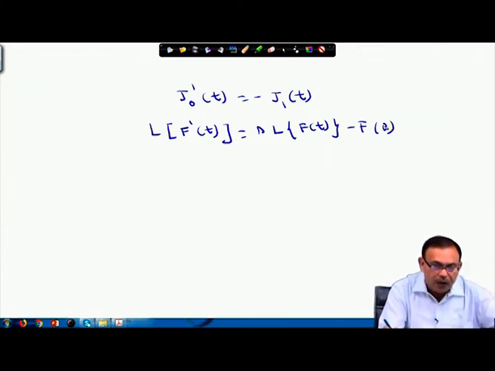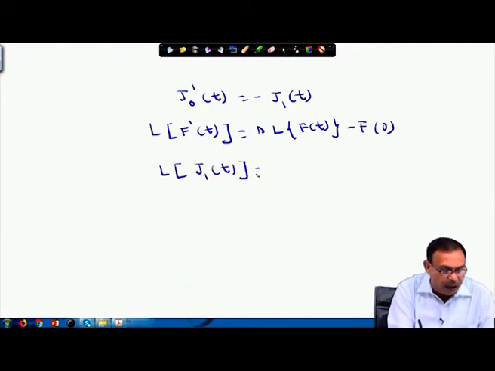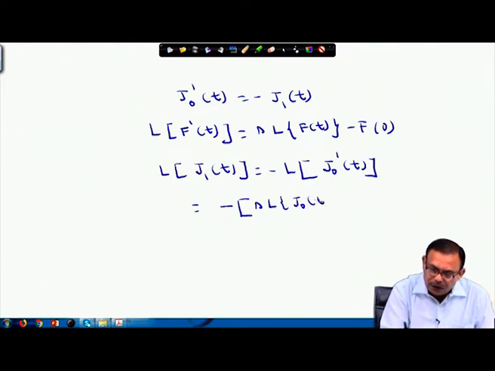So therefore, here the Laplace transform of J1(t) equals minus the Laplace transform of J0 dash t. We can write from here, minus s into the Laplace transform of J0(t) minus J0(0).